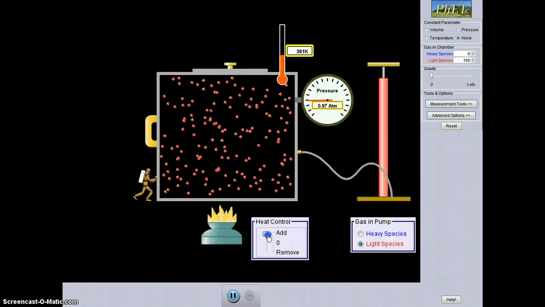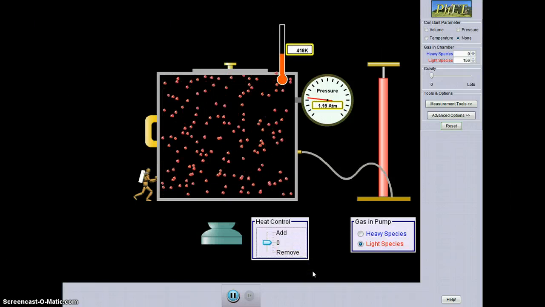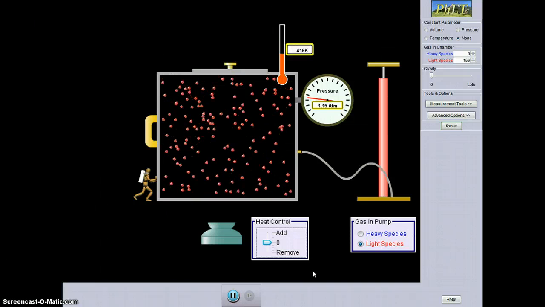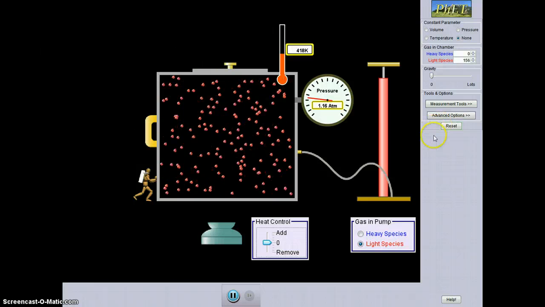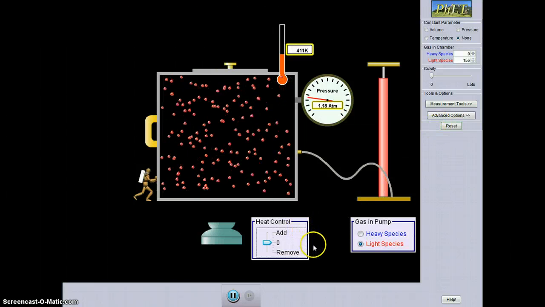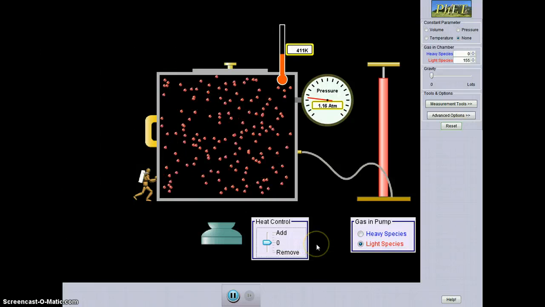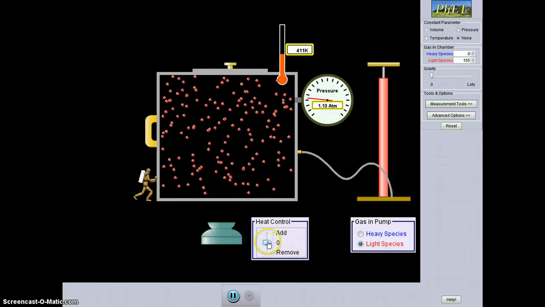Add more heat. You can see it start to expand the container a little bit on its own, so the gas is doing the work. We'll talk a lot about this later.